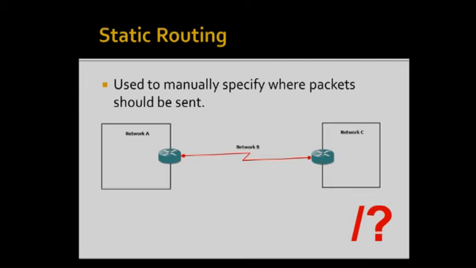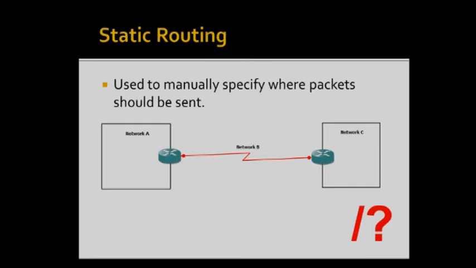You've got network A and network C, which is what people usually think of first, because those are usually where the hosts are connected on those subnets. But there's also a network in the middle, which is the network that's used to connect the two routers. And whenever you have a router, you know that you are connecting two or more networks together. That's what routers do. Routers are designed to get packets from one network to another. That is their core function. It's actually the definition of routing.